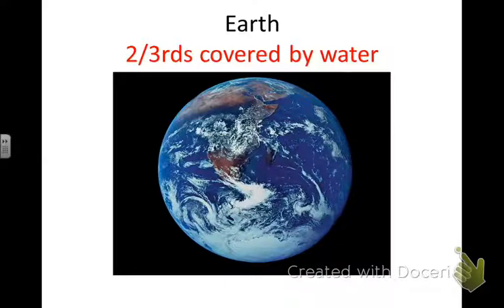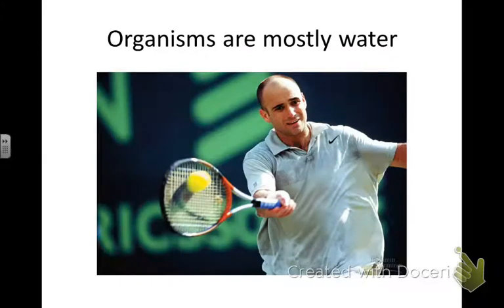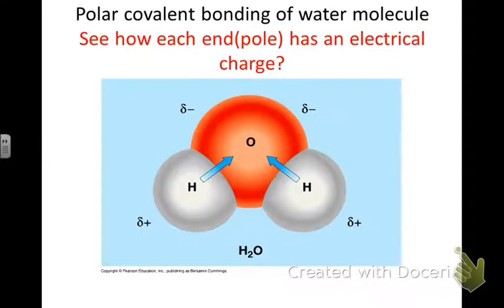Okay, so water is a polar molecule. What that means is that it has a positive side and a negative side. You can tell right there, the one oxygen is negative, and the hydrogens are positive.